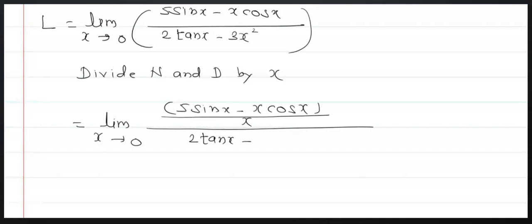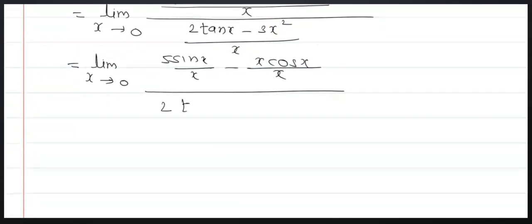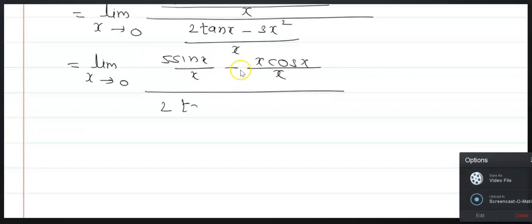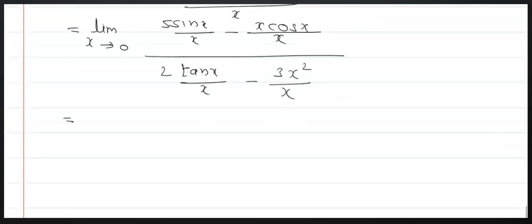That is 5 sin x minus x cos x upon x, 2 tan x minus 3x square upon x. Therefore 5 sin x upon x minus x cos x upon x. Next is 2 tan x upon x minus 3x square upon x.